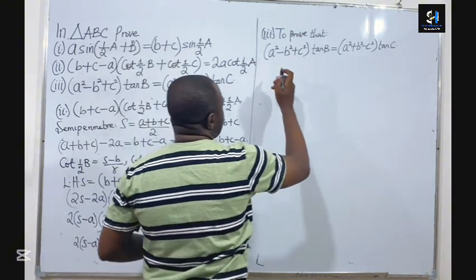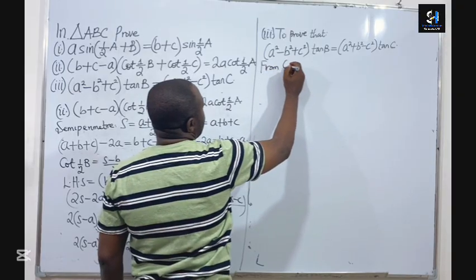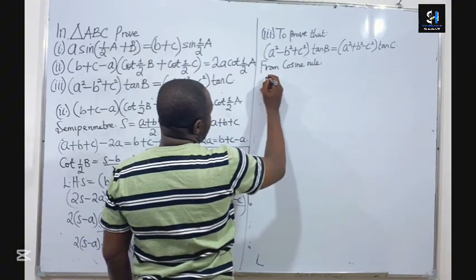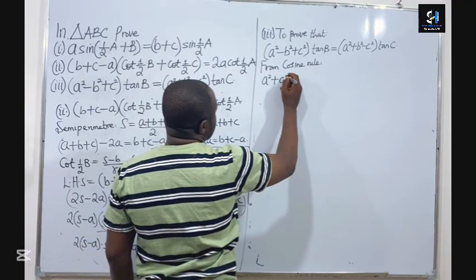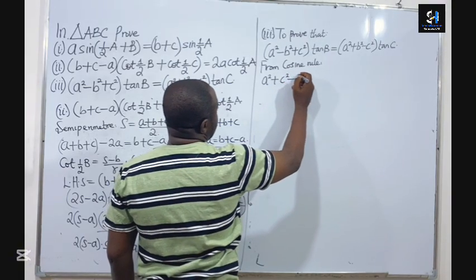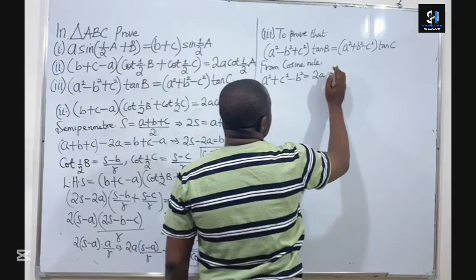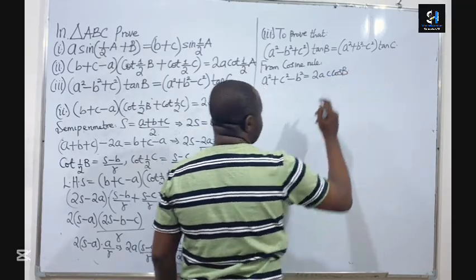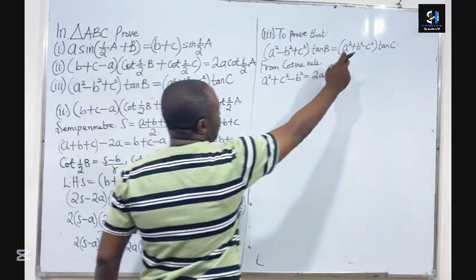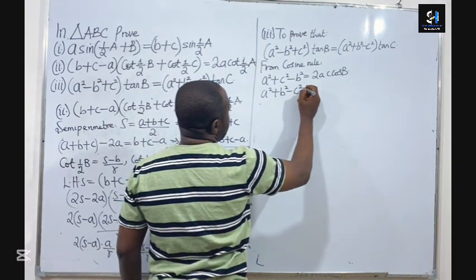Now let's go back to cosine. From the cosine rule, if we have A squared plus C squared minus B squared, this will be equal to 2AC cos B. If you are familiar with the cosine rule formula, then also on the right hand side we have A squared plus B squared minus C squared.